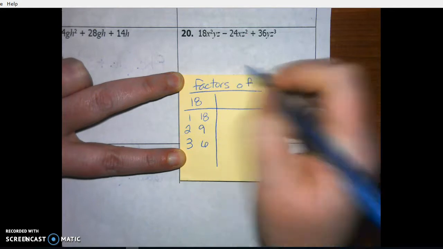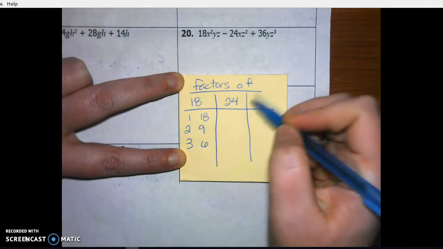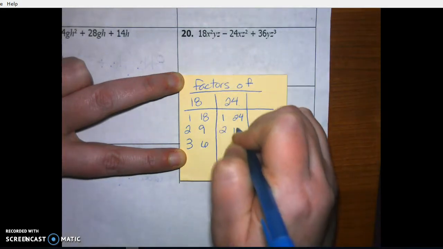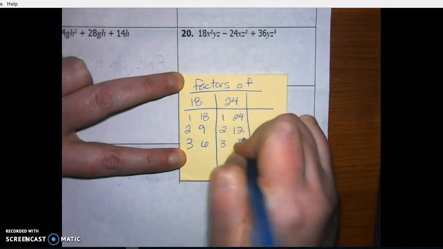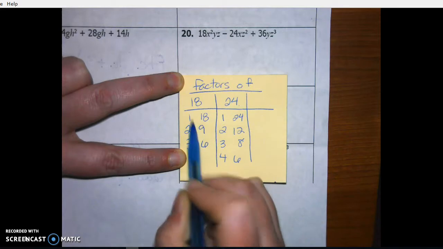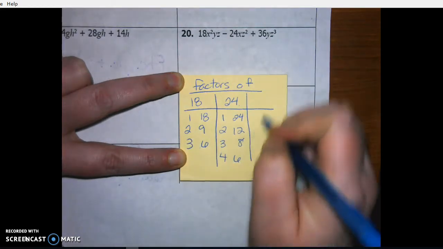Factors of 24, things that multiply together to give me 24: 1 and 24, 2 and 12, 3 and 8, 4 and 6. Already we see some of these are repeating, and so that's good.